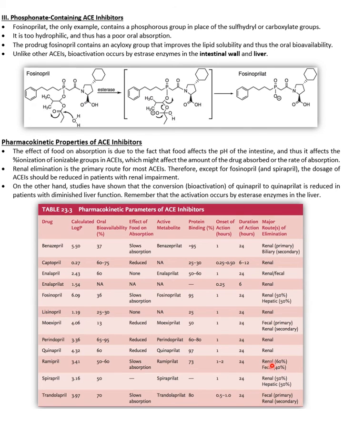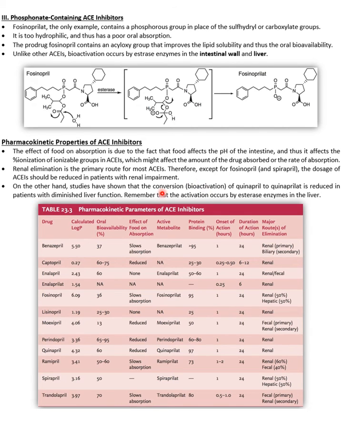Like for example, this one here, ramipril, 60% eliminated by the kidney. So this is high, I guess, considered more significant than the 50%. So I guess the clinical data will show that these two, fosinopril and spirapril, do not need adjustment in the case of renal impairment.